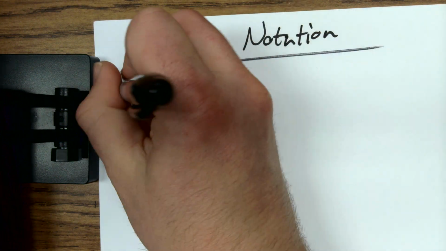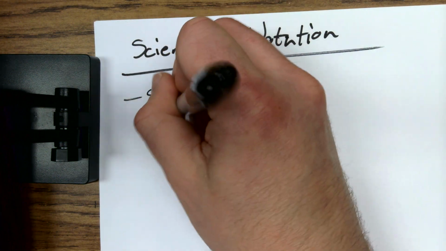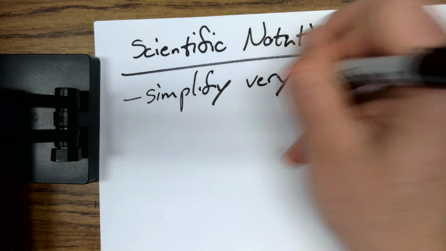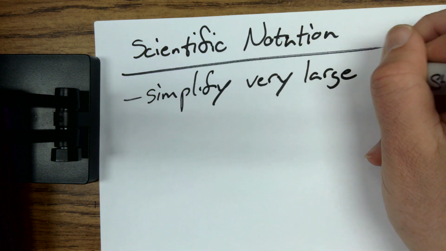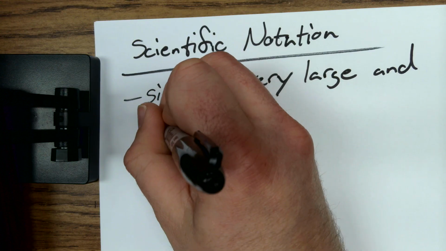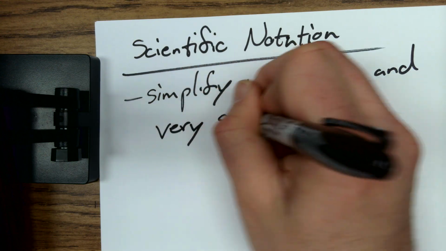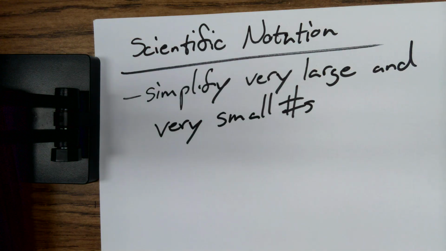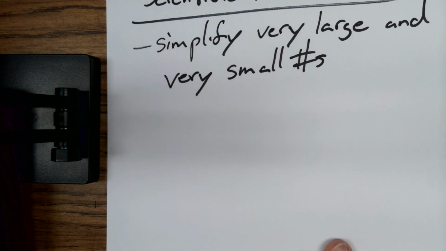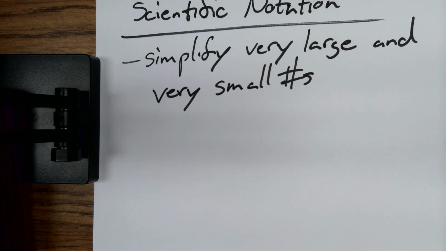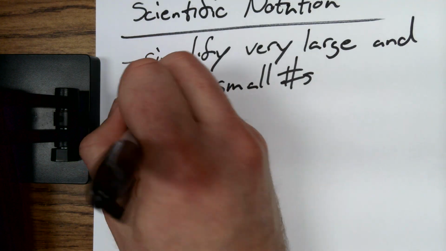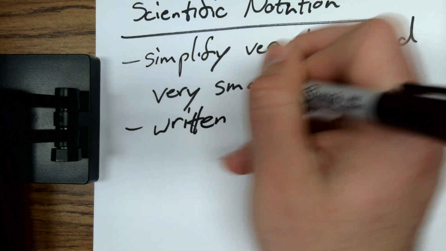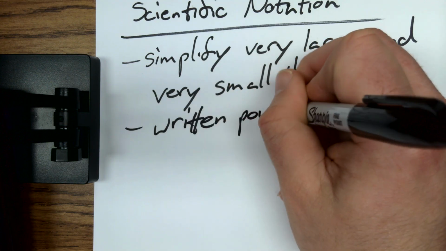Scientific notation is an easy way to simplify very large and very small numbers. How we write scientific notation is we take a number and write it in the power of 10.